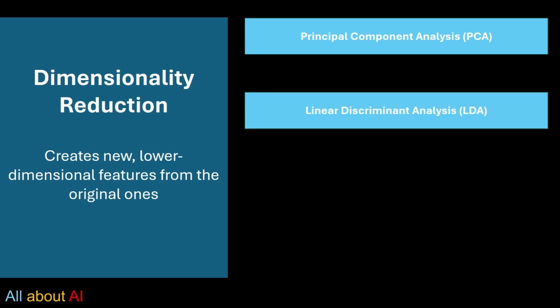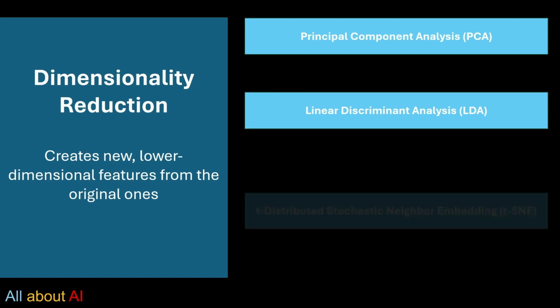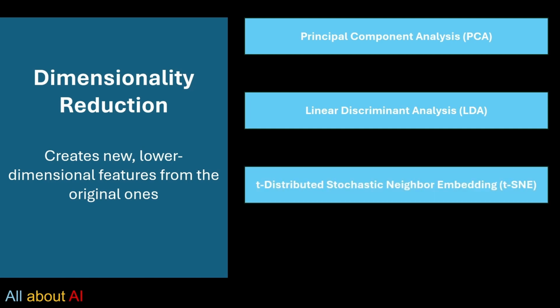Linear discriminant analysis, LDA, is also another popular dimensionality reduction method. It is a supervised linear technique that projects data onto a lower dimensional space by maximizing separation between different classes. T-distributed stochastic neighbor embedding, or TSNE, is also very popular.